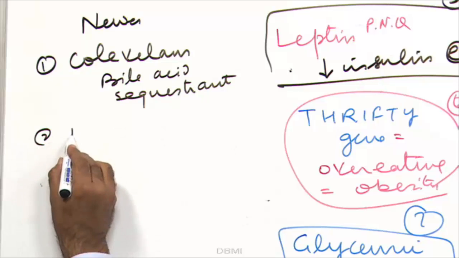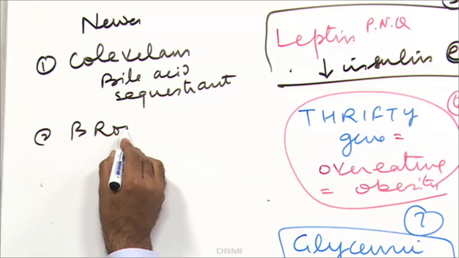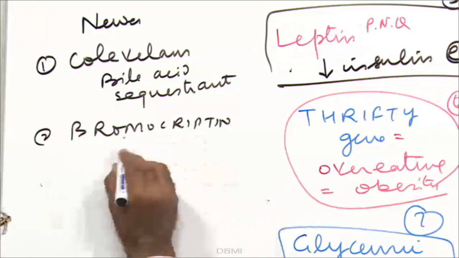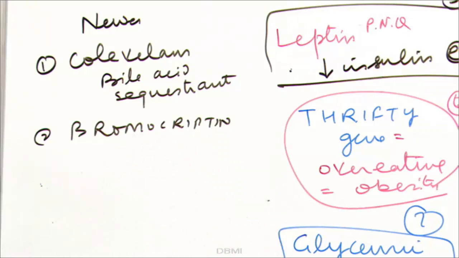Then we talk about bromocriptine. We know about this drug. We have been using it to treat Parkinsonism and galactorrhea. But now you'll be very happy to know that this is a new drug for diabetes also.